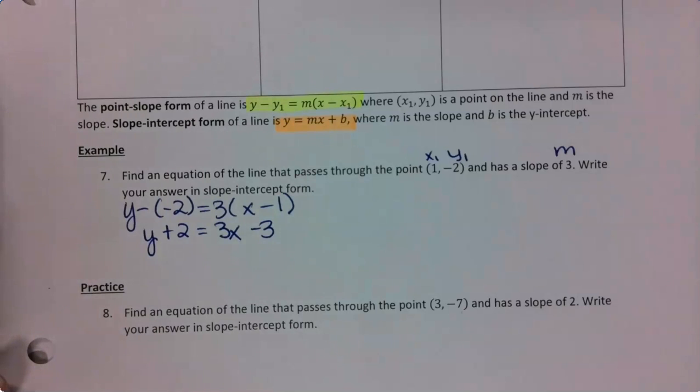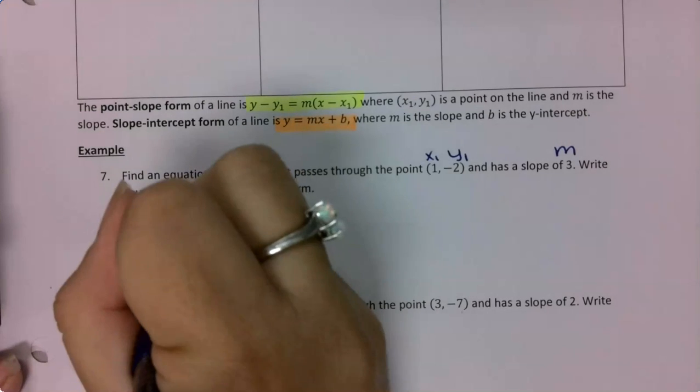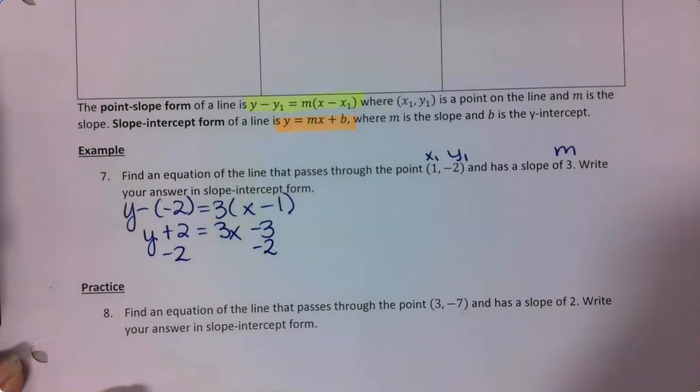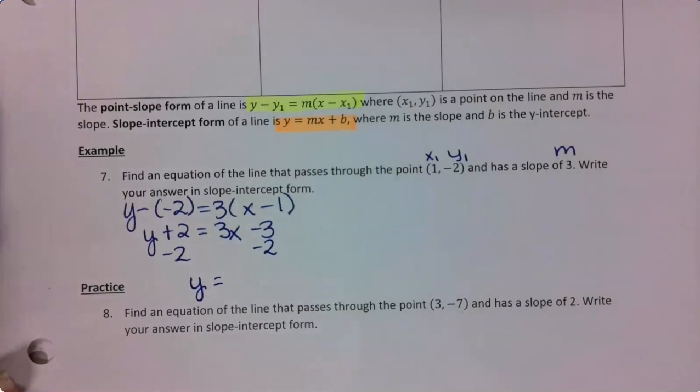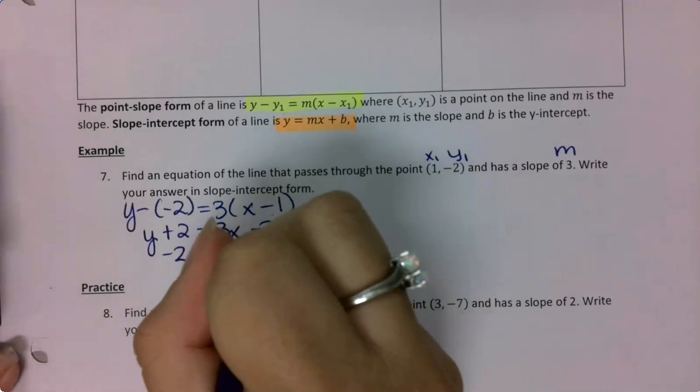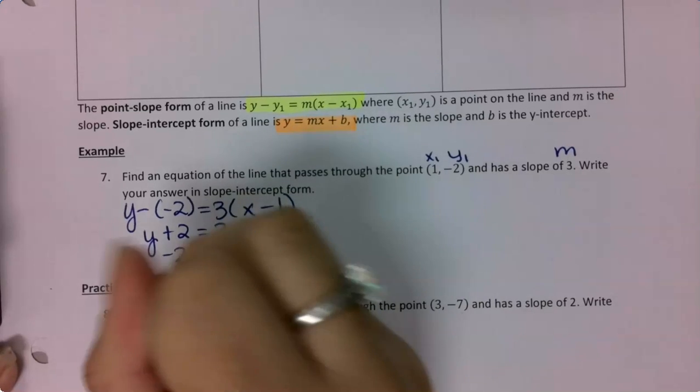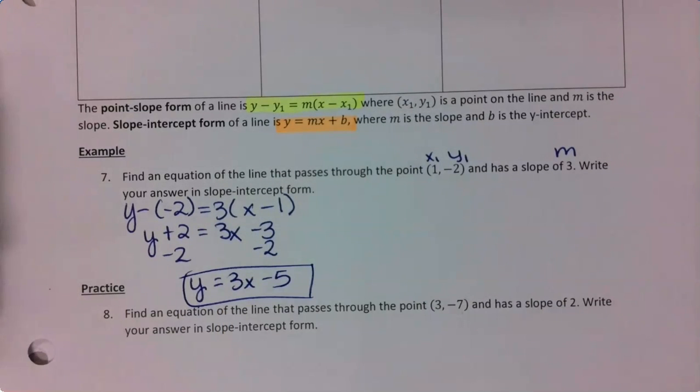Then I just want to isolate y, so I'm going to subtract 2 on both sides. So my final answer is y equals 3x minus 5. Questions here?